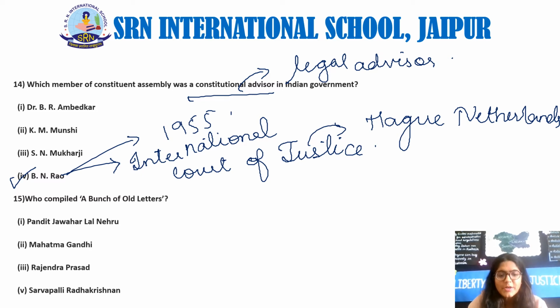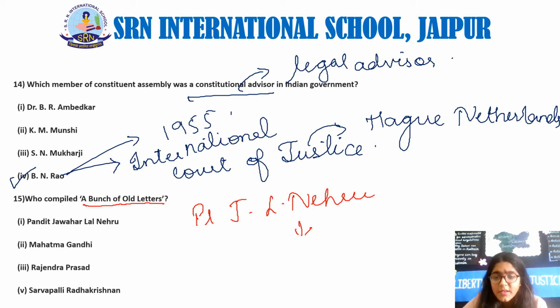Now let us move towards the next question. Next question asks us about who compiled a bunch of old letters. Before it, we have to understand Pandit Jawaharlal Nehru. He was a freedom fighter, and he spent most of his young days, the days when he was fighting for independence, in prison.